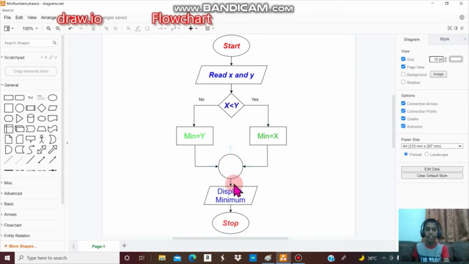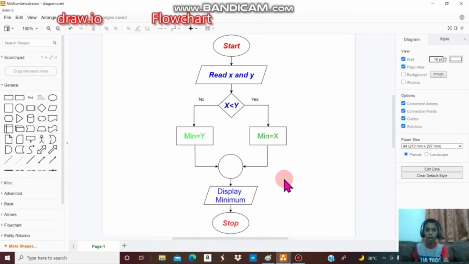Below the connector, we have a flow line. Below that flow line, we have an output box. It will display the minimum number. The minimum number is Y, because Y is 25 and X is 50. So minimum means small and the small number is Y. Our goal is to find the small number.